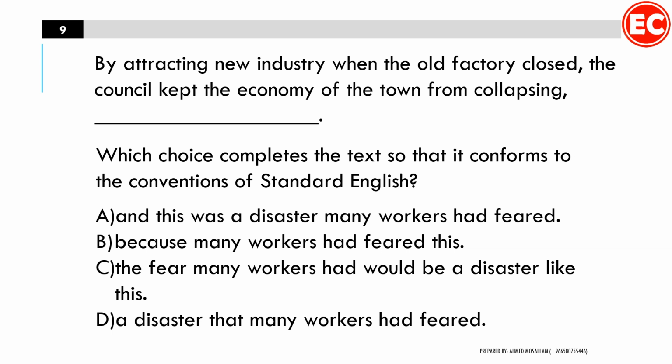Now you have 4 options, and this was a disaster many workers had feared. So the council kept the economy of the town from collapsing, and that was what? Yes, letter D, a disaster that many workers had feared.